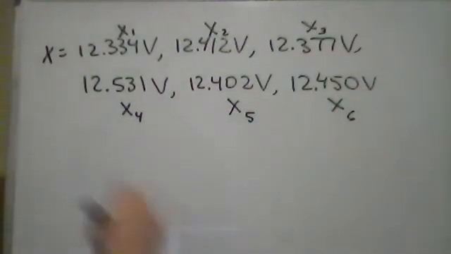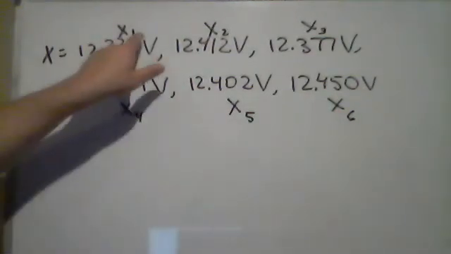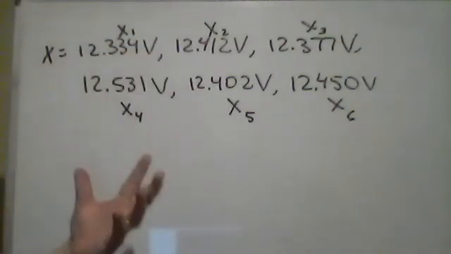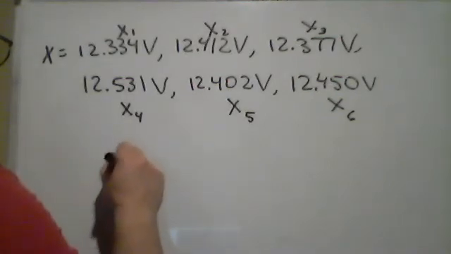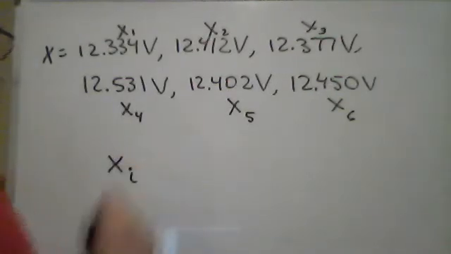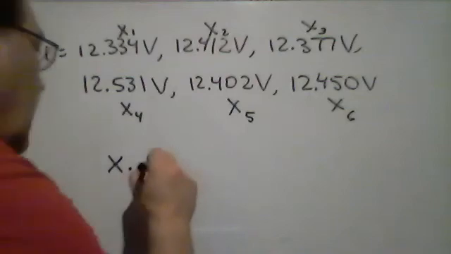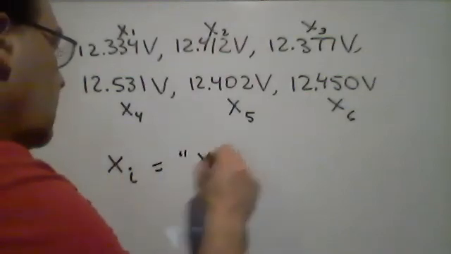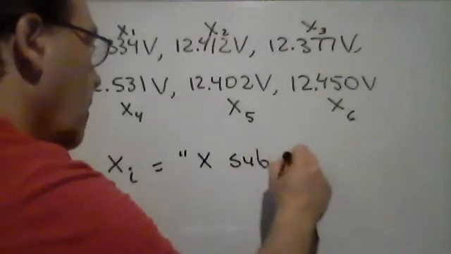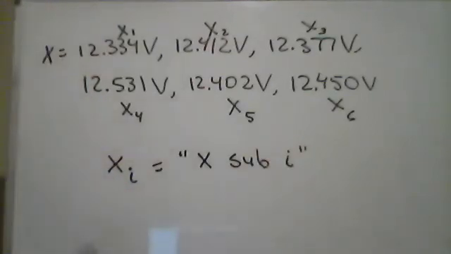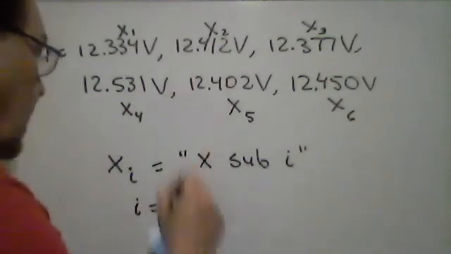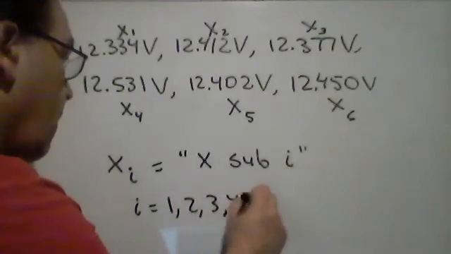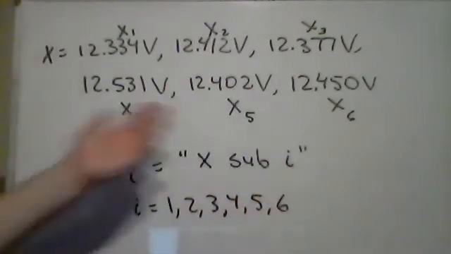Or I can say that in general, a value is given as what's called X sub i. So I might refer to a particular value as X with a little subscript i, being an index that in this case is 1, 2, 3, 4, 5, 6. An i is just an index counter. It can take on the values 1 through 6. In this case, it's just a label.